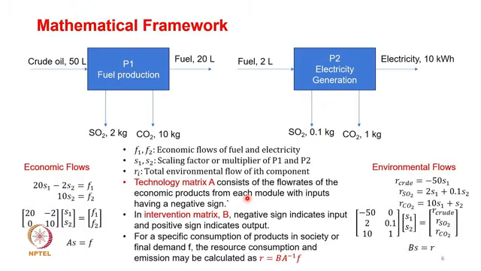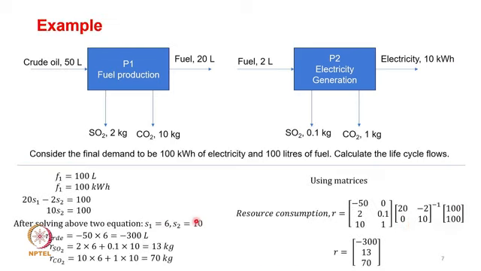Now that we have this matrix representation, let us see how we do this. So your F1 and F2 represent your fuel and energy, which is 100 liters and 100 kilowatt hour.